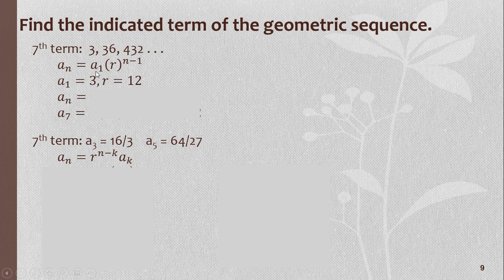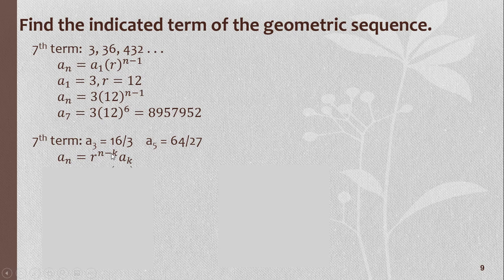So a sub 1 is 3. My r is 12. So my a sub n is going to be 3 times 12 to the n minus 1 power. So the 7th term is going to be 3 times 12 to the 7 minus 1, or 6th power. And using my calculator, it's going to be that figure there.